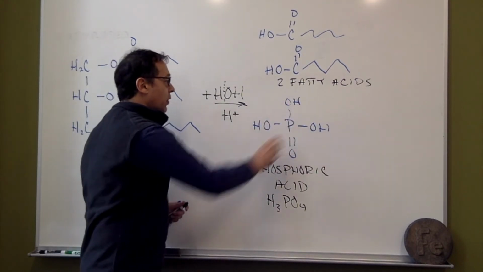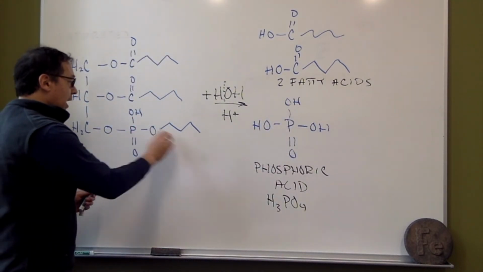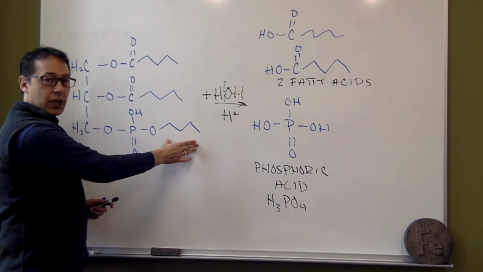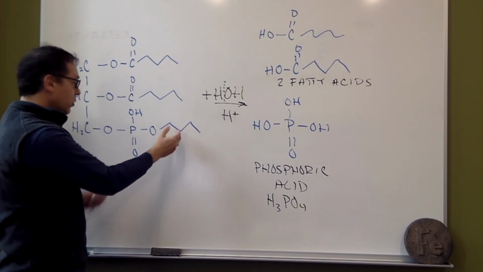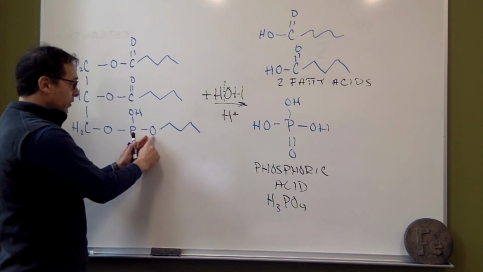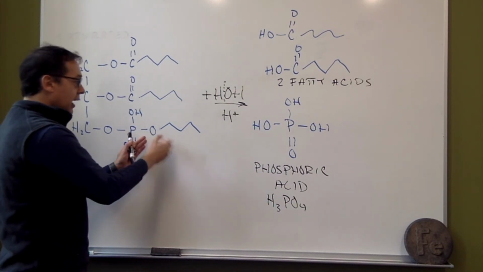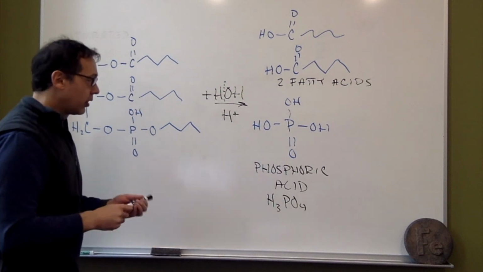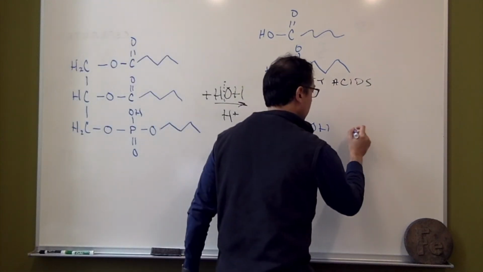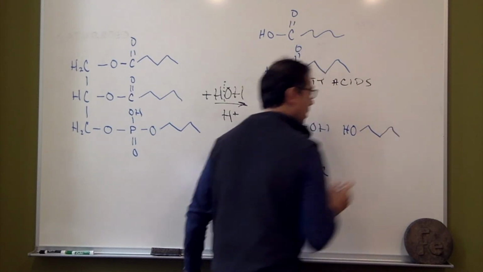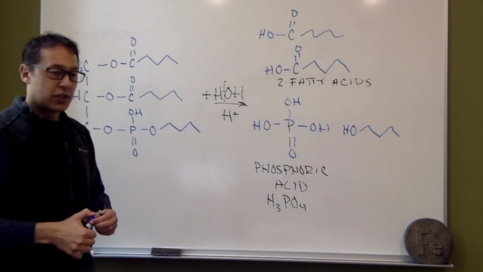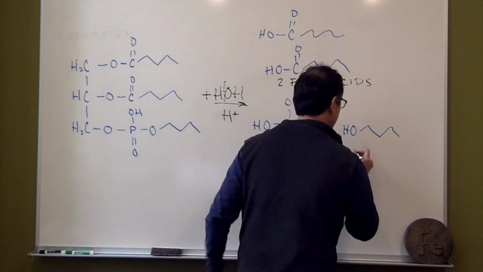So here's phosphoric acid, and then what happens to this linkage right here? Well, this ends up becoming an alcohol. We ended up with an OH coming off of this right here, and so this gets broken apart and we end up with an alcohol. So I'm going to go OH like this, and some carbons like that, and that's going to be some alcohol.